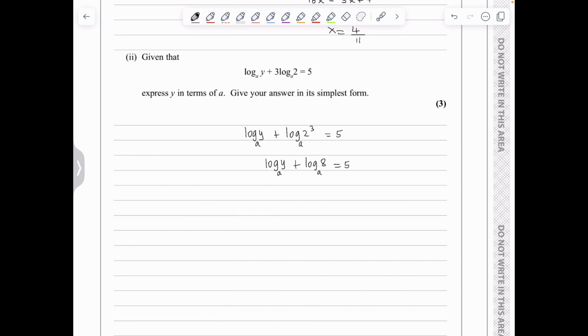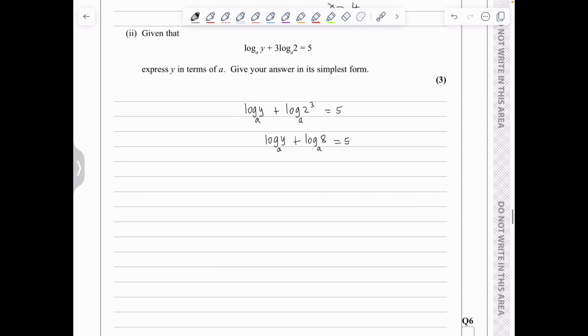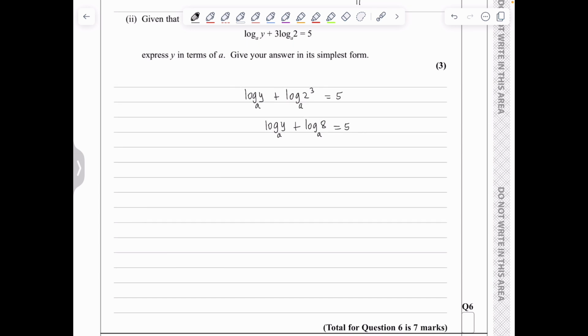Well, we know that the sum of two logarithms can be written as the logarithm of the product. So we've got log of 8y base a is equal to 5, which means that 8y is a to the power of 5, and therefore y is 1 over 8 times a to the power of 5.